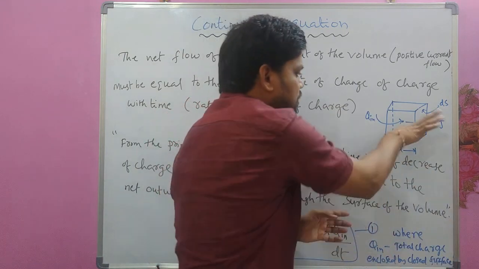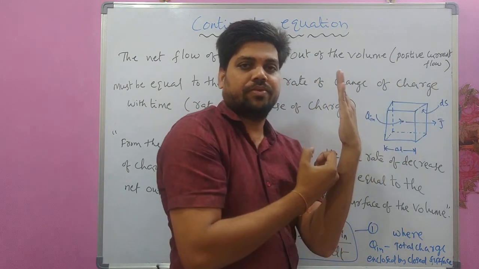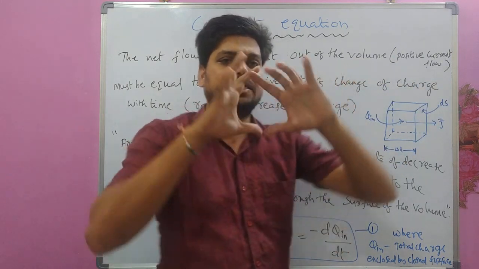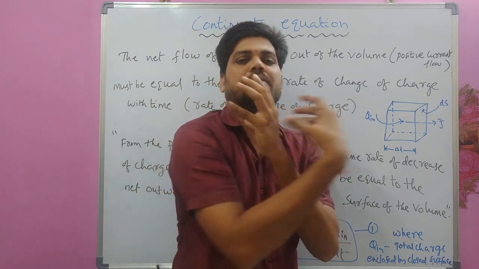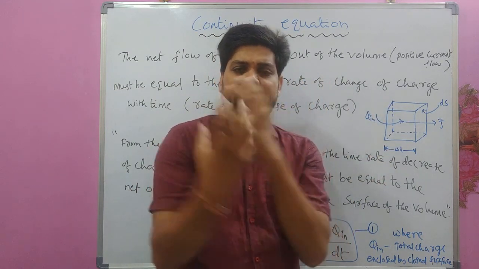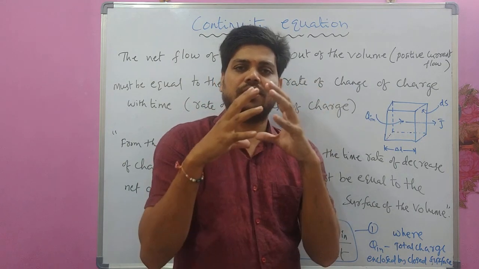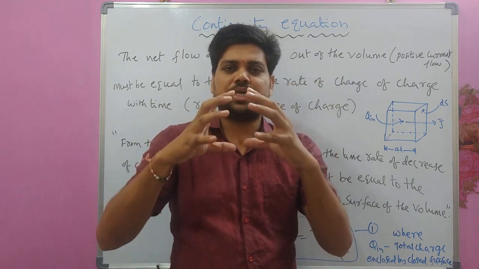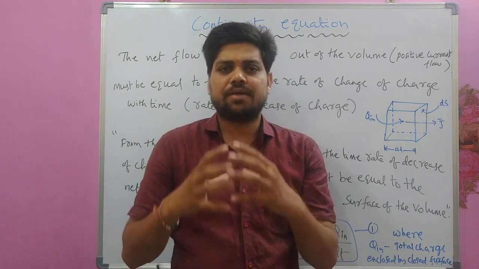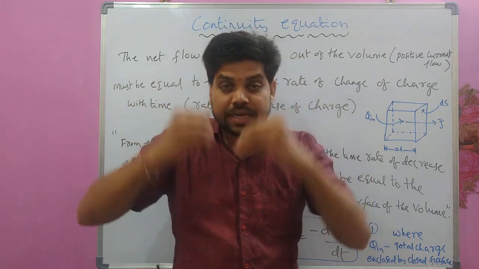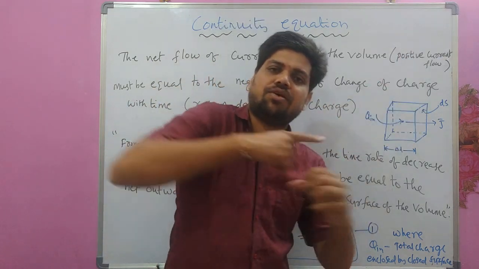See, current is passing through this surface, one face of the cube. Initially some 10 coulomb charge is there in a cube. Some 2 ampere current is flowing, for example. According to that, 2 ampere current means some charge is going out. So now the 10 coulomb charge will not remain the same. It may become 8 or it may become 5.